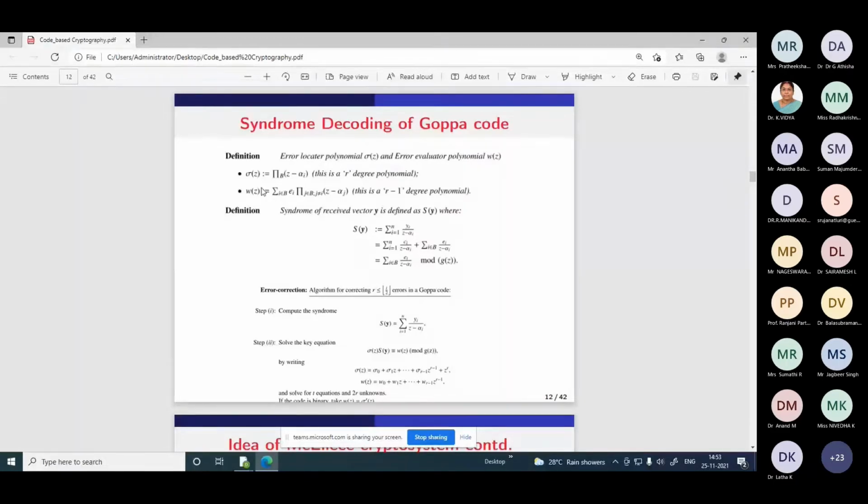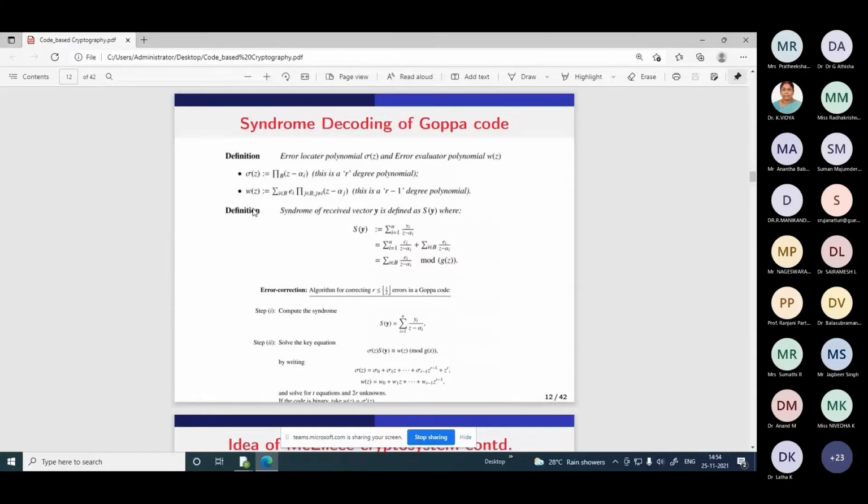Syndrome decoding is NP-complete only for those persons who don't know the primitive polynomial and the L vector, who don't know the parameters of the code, right? Like integer factorization is hard. For whom is it hard? Integer factorization is a one-way function, right?